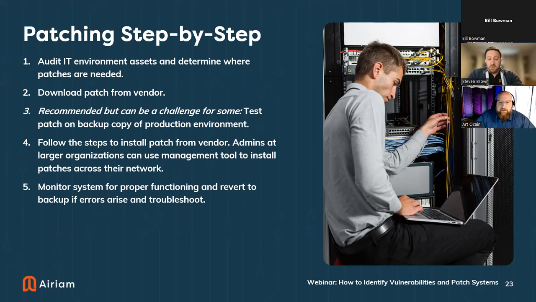And that is the operational difficulty with patching, is that the ideal way to patch is to take a backup of the device, test the patch, and then if it doesn't work, restore that backup. And if it does work, release it into production. But again, most small businesses can't swing that.